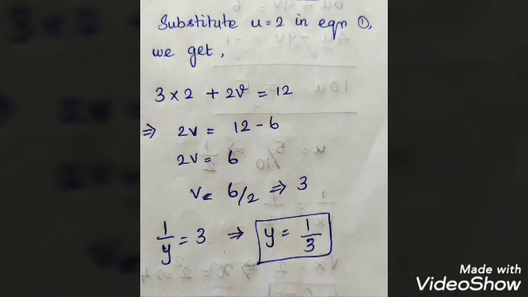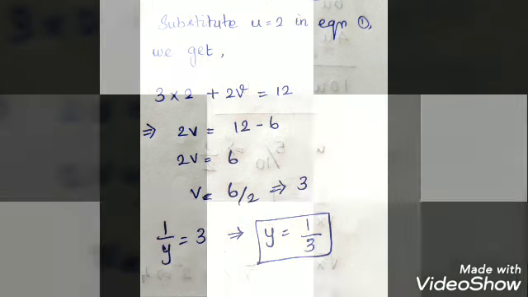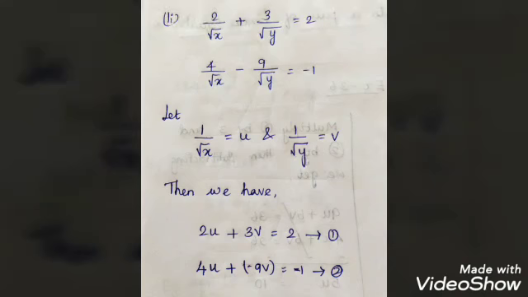So y equal to 1 by 3. Is it clear? So we found the value of x as well as the value of y. First we take 1 by x equal to u, 1 by y equal to v, then finally use the substitution method and find the solution.